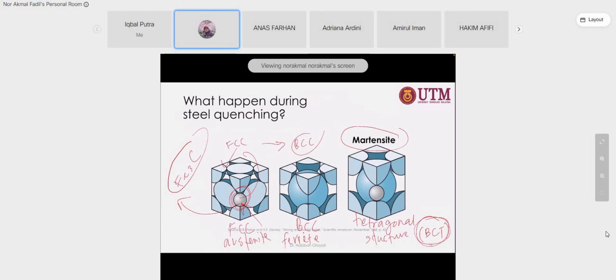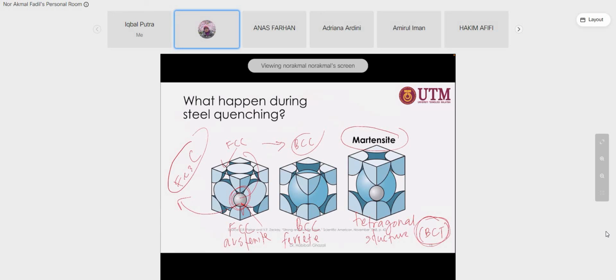Okay, remember last time one student asked me what is an equilibrium phase diagram. I just explained very roughly. It is a stable transformation. Upon cooling from austenite to BCC structure, it happens slowly.